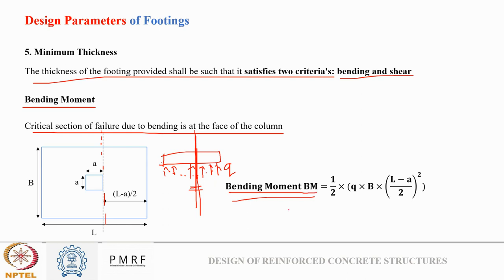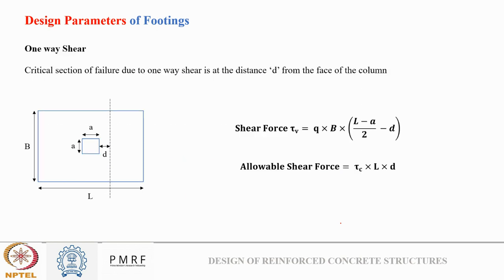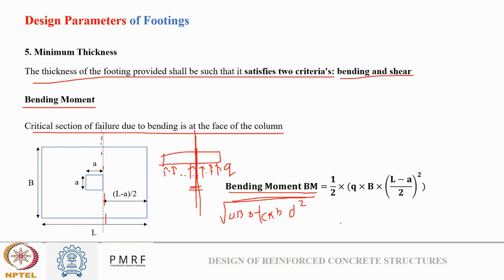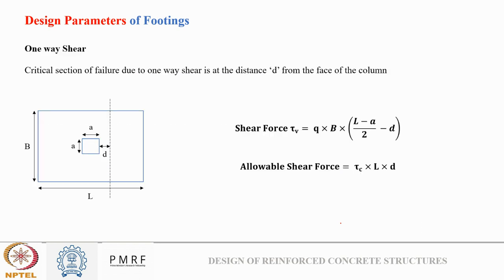I will equate this to 0.138 fck b d square, and I can calculate the minimum depth of the section to support this bending. So this is how we do the calculation, and this is the first criterion from which we get the minimum thickness.